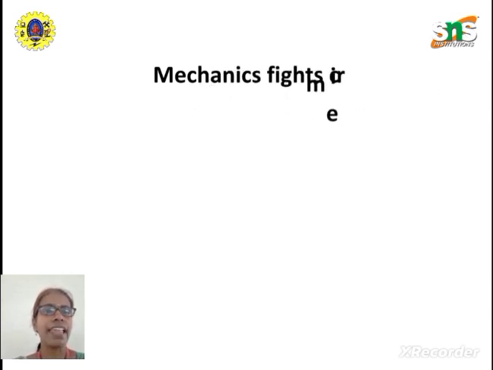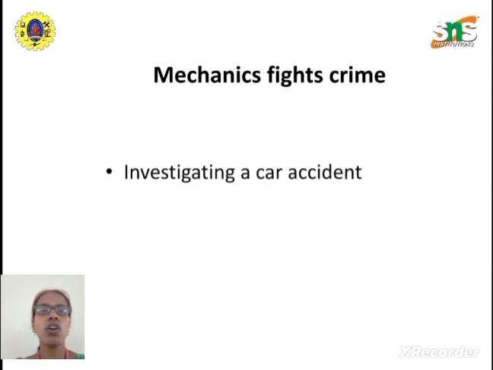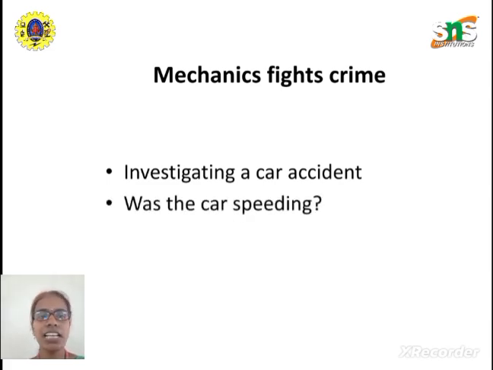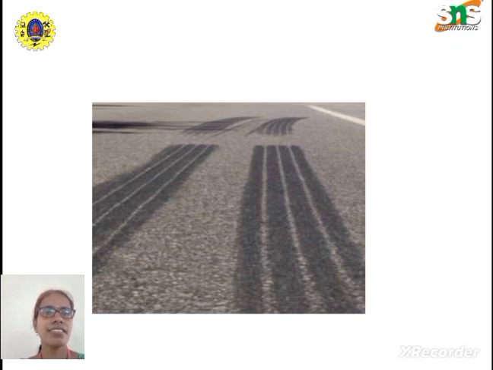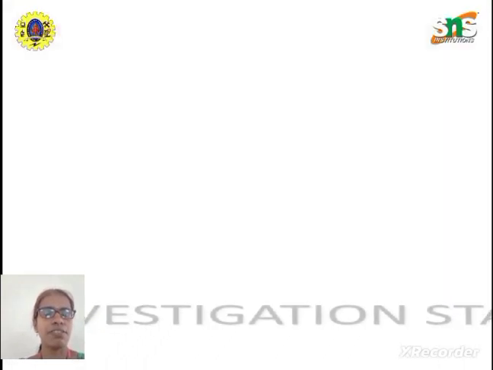The next thing is mechanics fights the crime. What are the things we need to analyze? We need to investigate a car accident: was the car over speeding? And we need to find the skid marks of the cars.